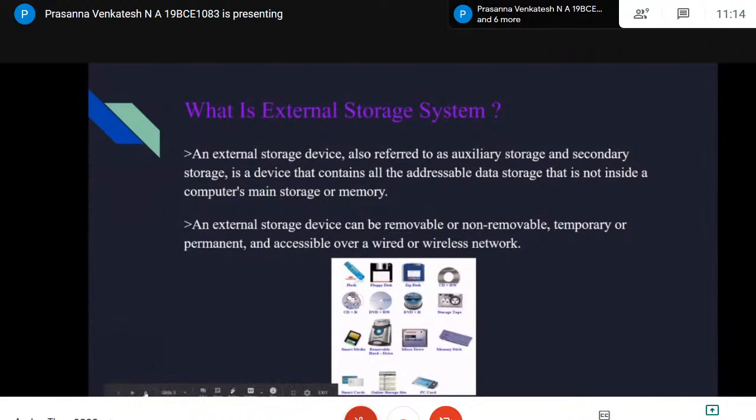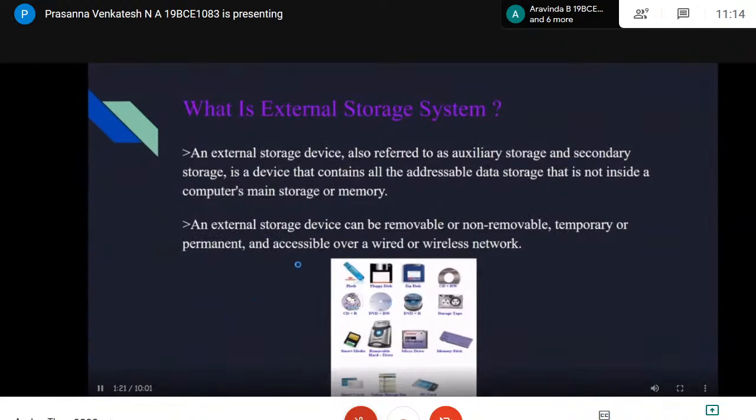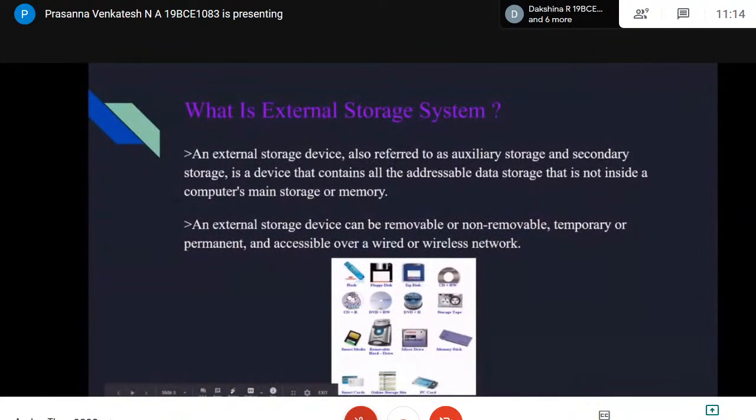So we used external storage, and now we are using more advanced ones such as SD cards and hard drives. And these are removable or non-removable, temporary or permanent, and accessible over wire or wireless network. Next slide.